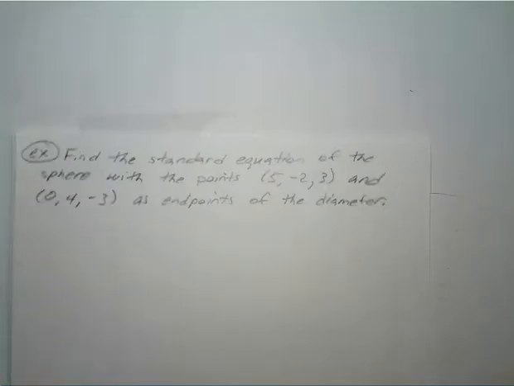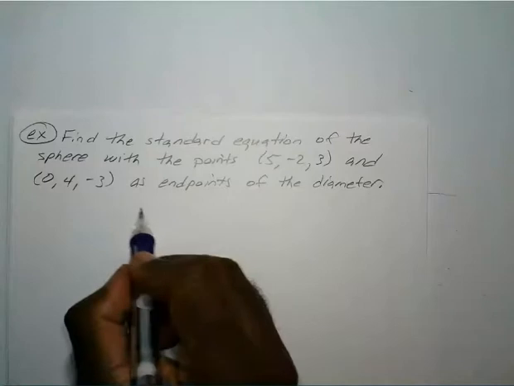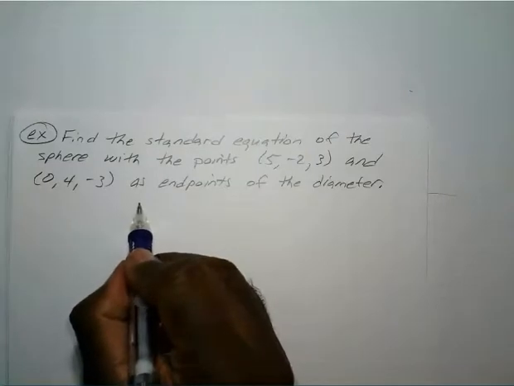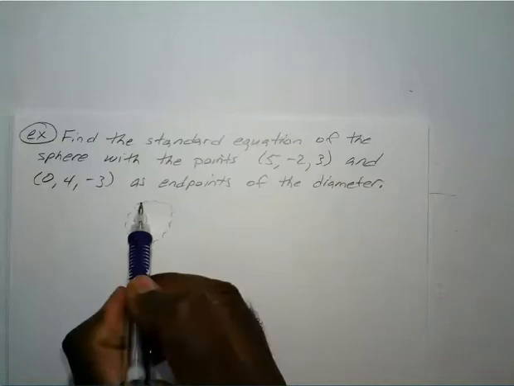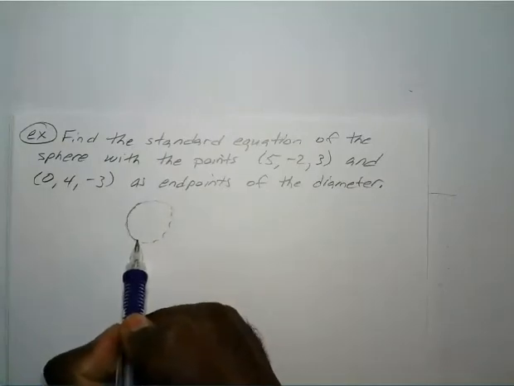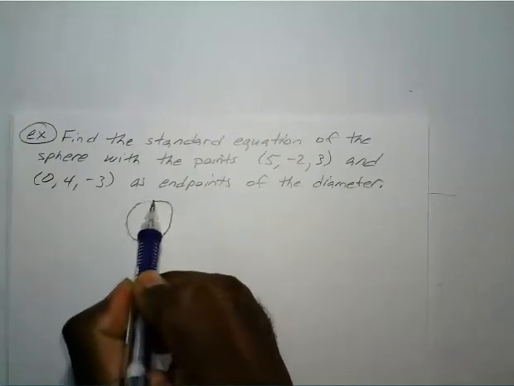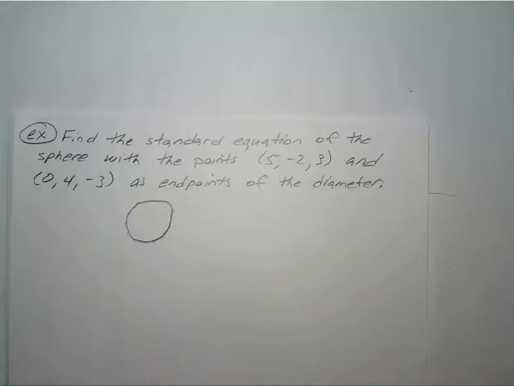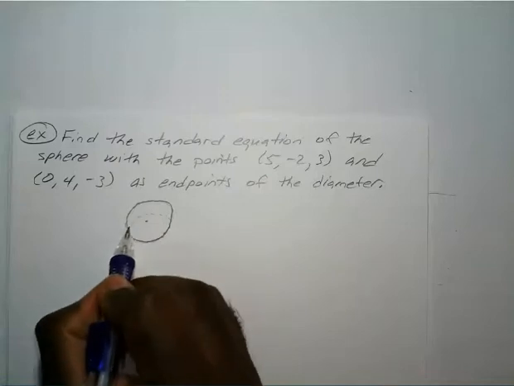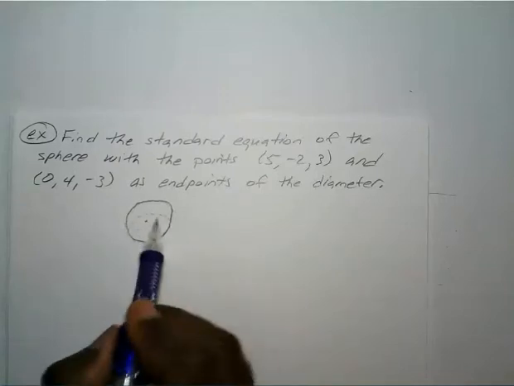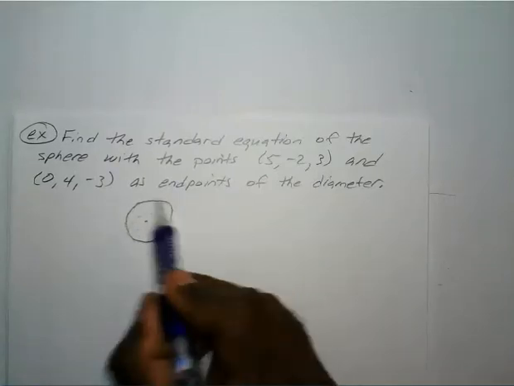Okay, now by endpoints of the diameter, to help you visualize, what they're saying is if you have a sphere, and excuse my horrible drawing, but pretend that's a perfect circle. So if you have a sphere, just think about it as a perfectly round sphere.